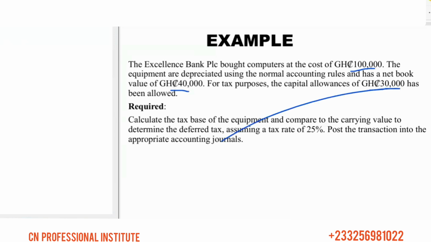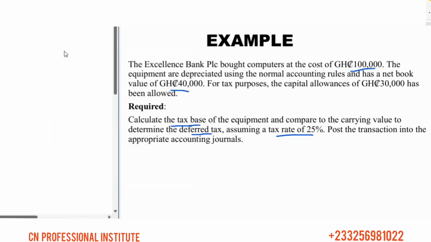And then the requirement is we should calculate the tax base of the equipment and compare with the current value to determine the deferred tax, assuming a tax rate of 25%, and post the transaction into the appropriate accounting journals.